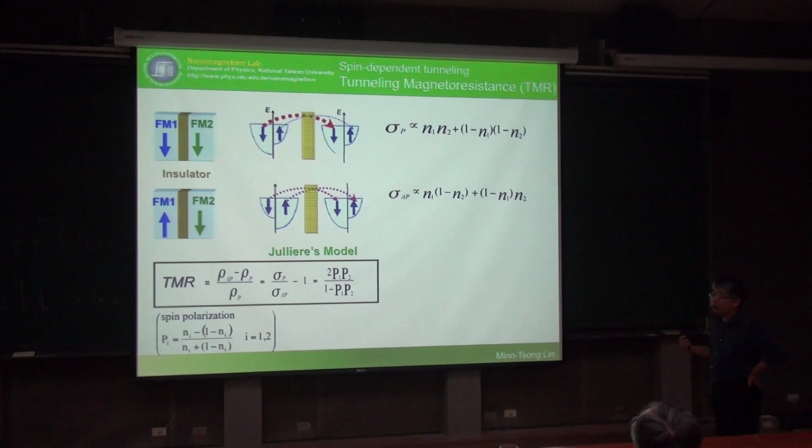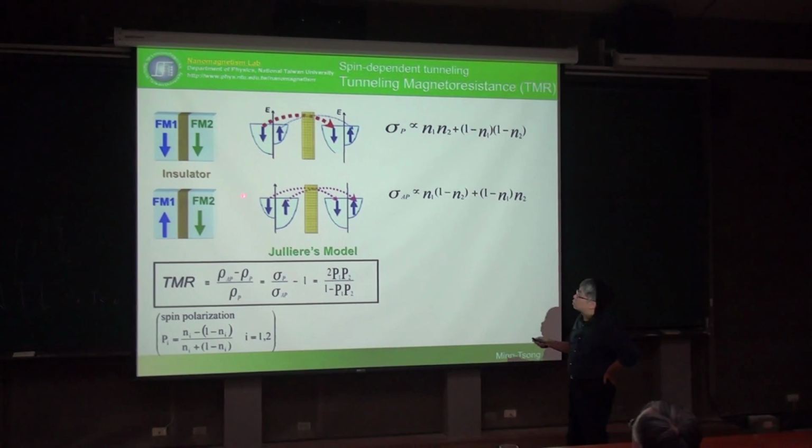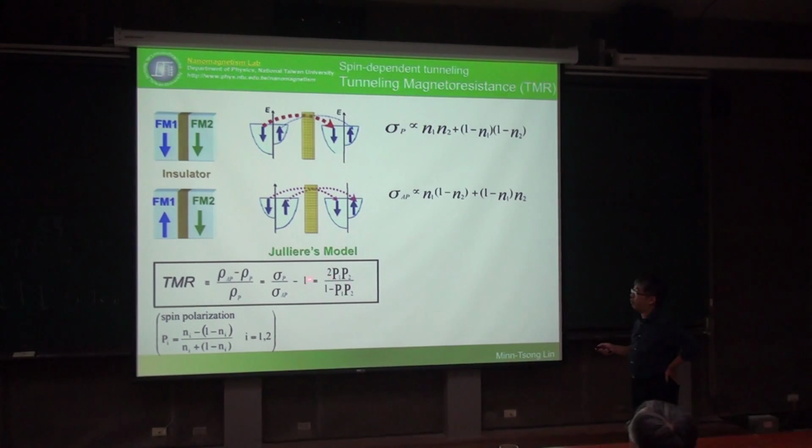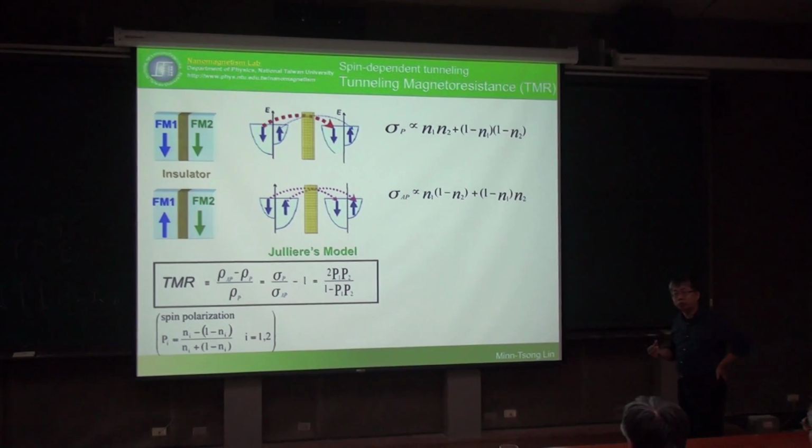Another way to get spin-dependent transport is so-called spin-dependent tunneling, instead of scattering. This can be understood by the density of states, spin up and spin down. In 1975, Julliere already proposed a model to describe the spin-dependent tunneling, and proposed the experiment. But only 20 years later, in 1995, could one fabricate a sample that shows spin-dependent tunneling at room temperature.